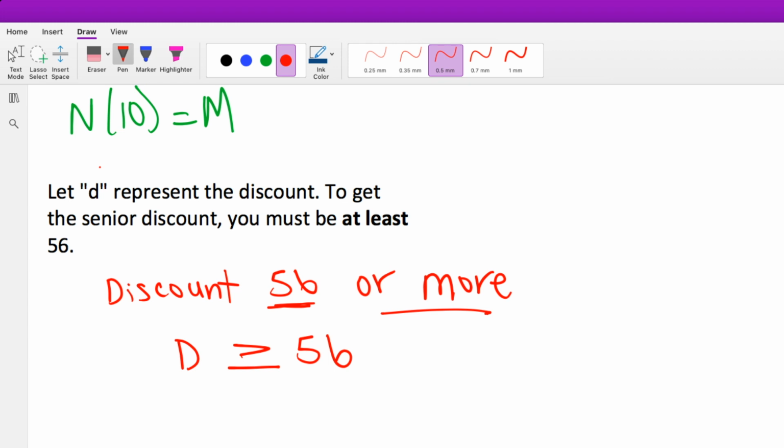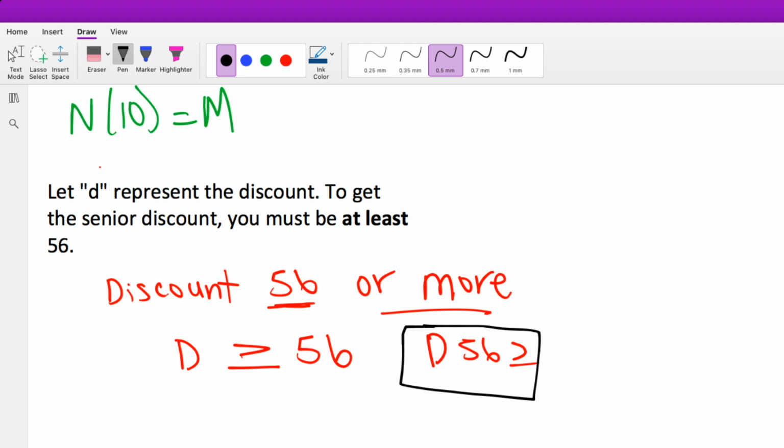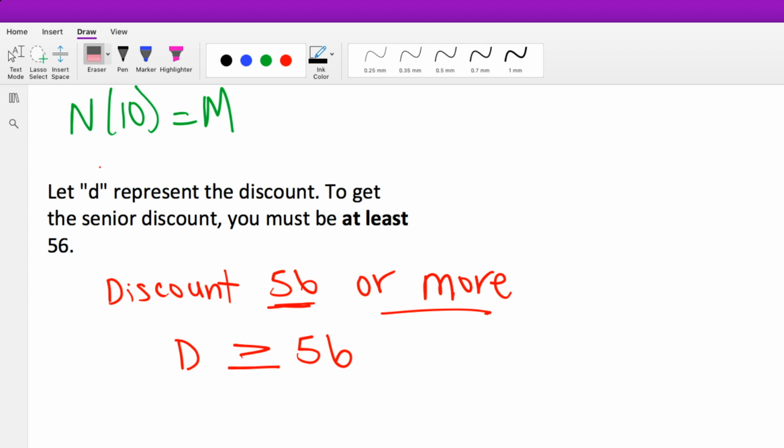So why don't we just say D 56 like this? And if you're wondering that, I'm just going to tell you right now, never have the greater than or equal sign or the equal sign or the less than sign, never have one of these signs at the end. I guarantee you that's wrong. So if you're ever in doubt, just don't do that. Always have it in between something, like how it is in red right here.